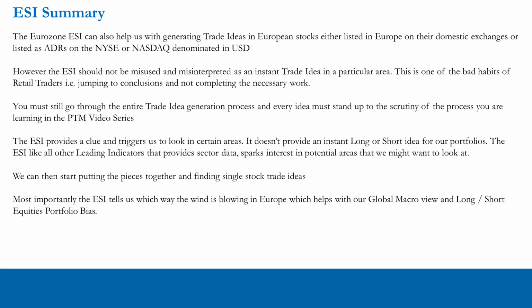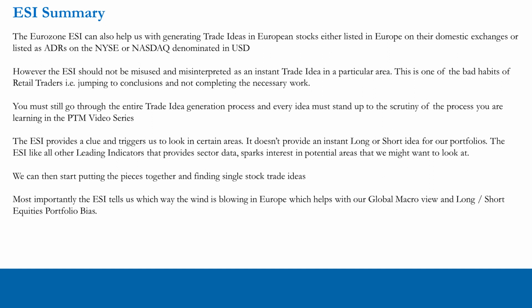We can then start putting the pieces together and finding single stock trade ideas by going through all of our other processes that you're going to be learning in upcoming videos. Most importantly with the ESI, it tells us which way the wind is blowing in Europe, which helps us with our global macro view and long-short equities portfolio bias.